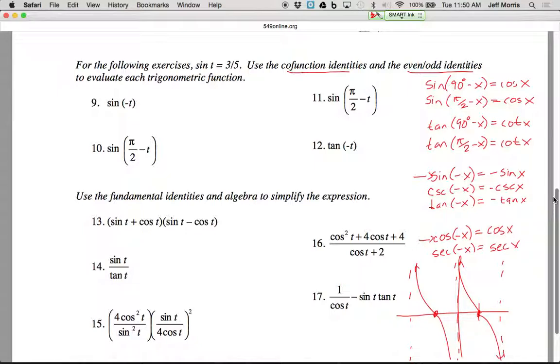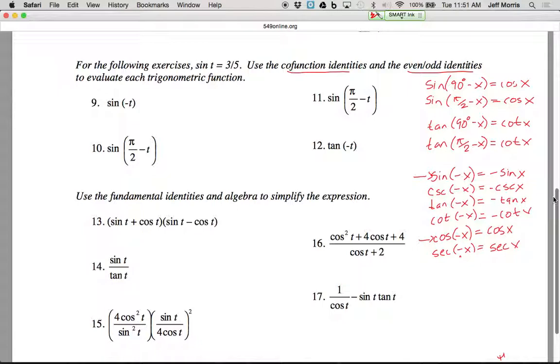Is that symmetric? It's not symmetric to the y-axis, but it is symmetric to the origin. If I flip it over both, do they match up? Yeah. So it is odd. Cotangent's also odd. I couldn't remember. I just want to make sure I didn't screw it up.